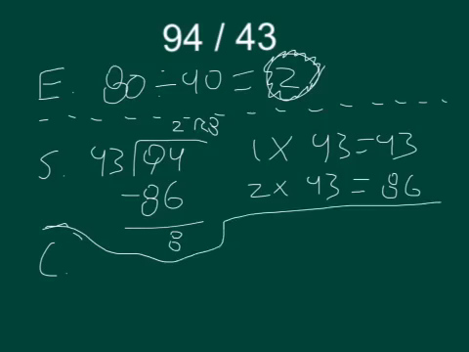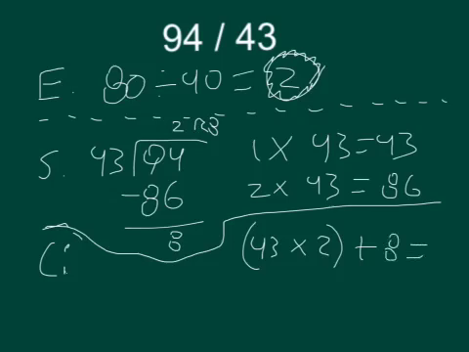Again, the formula for checking is the dividend equals the divisor of 43 times the quotient of 2. Make sure you put the parentheses around there, otherwise you will get a very weird answer, plus the remainder of 8.